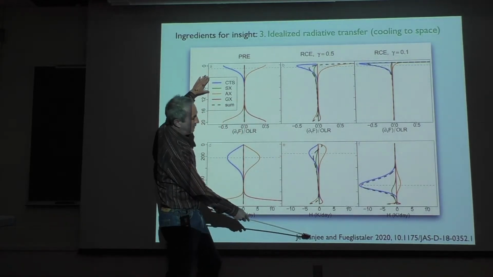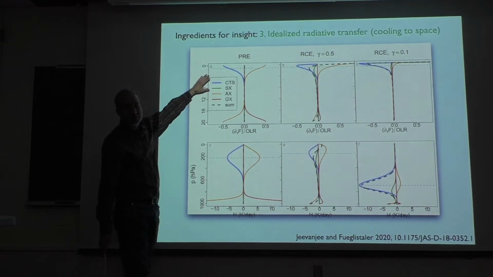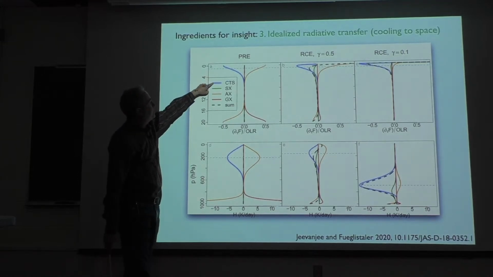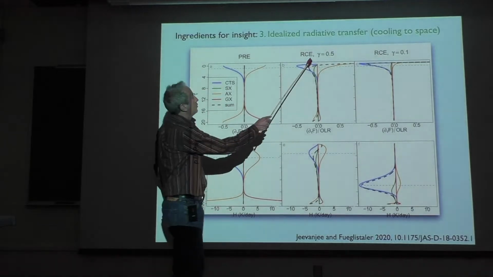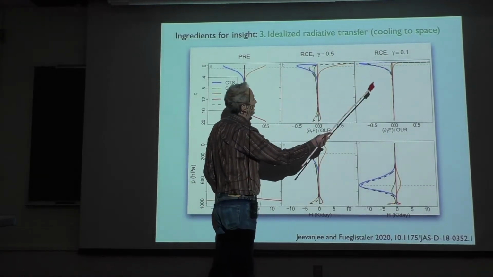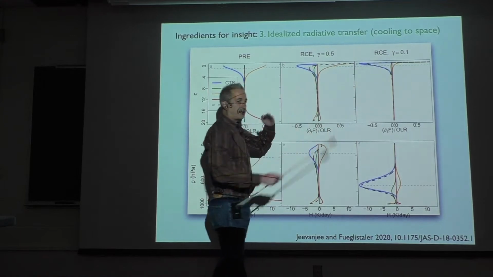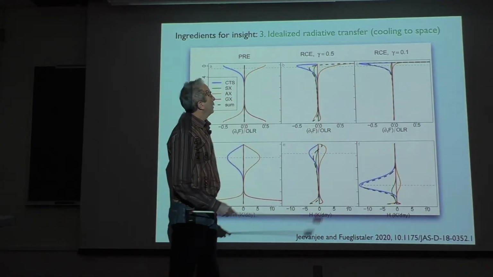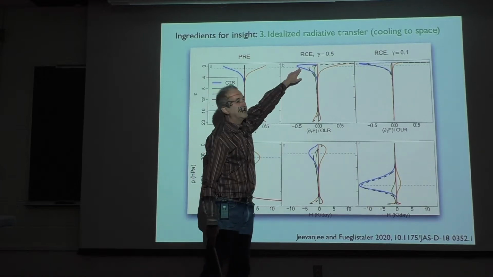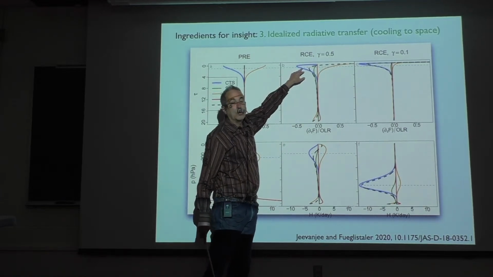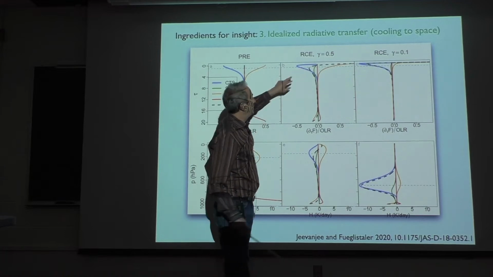I can point you to the paper here, and it's a terrific piece of understanding. But what I want you to see is that this blue line says cooling to space, that these are from radiative convective equilibrium simulations with different kinds of thermal stratification. What you see is that if you think about it in optical depth units, the cooling is, of course, near the low optical depths.